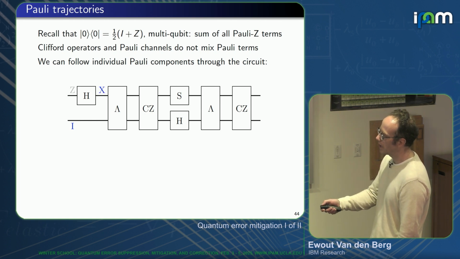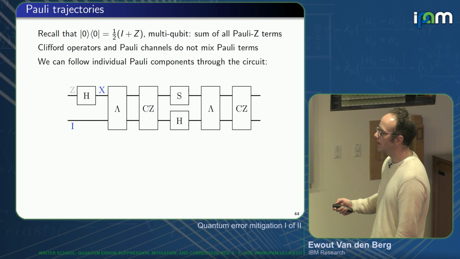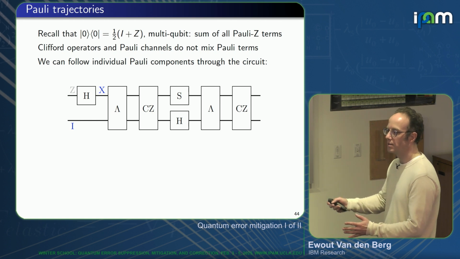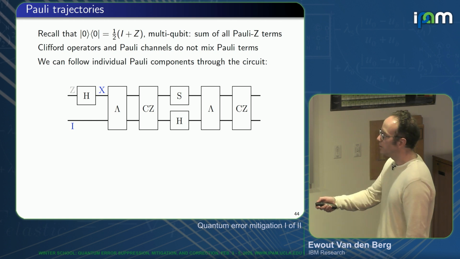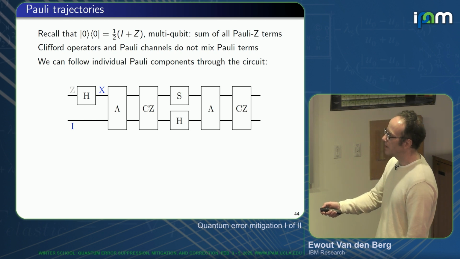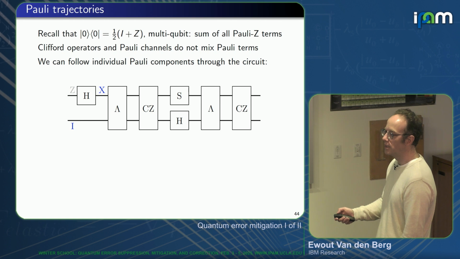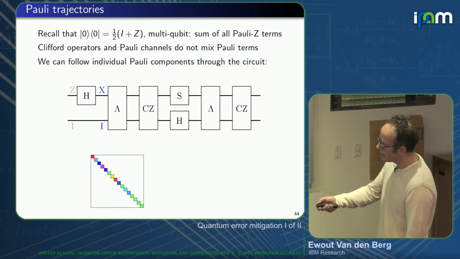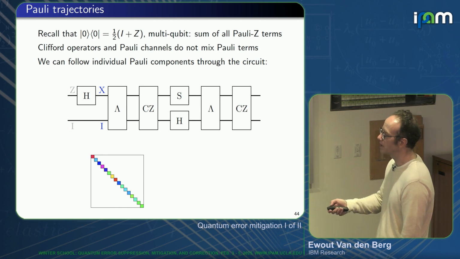If you apply the Hadamard, you get an X term. So now we have a Pauli XI. Here we have a noise channel, so this is how you can simulate this, right? You have your noise channel, and the input Pauli was XI. So that will multiply this by some diagonal matrix element corresponding to the XI, and it will also output your XI.